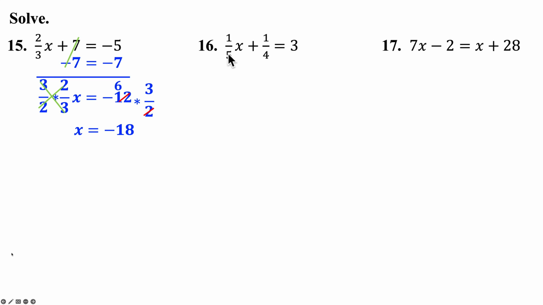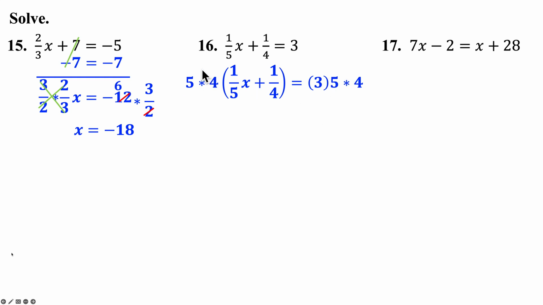Since this is divide by 5 and divide by 4, what we're going to do is multiply everything by 5 times 4. So the left side is multiplied by 5 times 4. That's these two denominators. And the right side's multiplied by 5 times 4. Well, 5 times 4 is 20, times 3, that'll be 60.